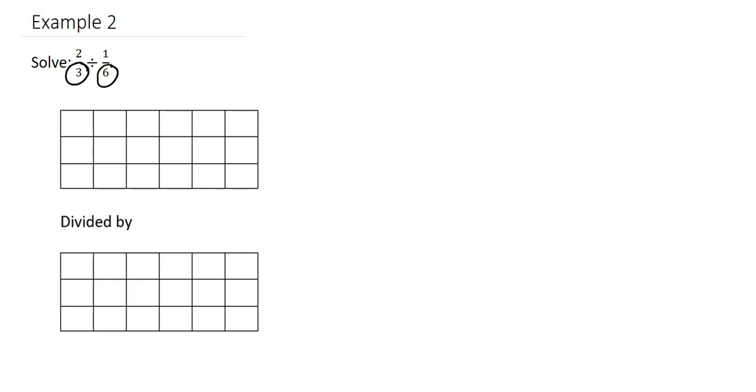So we are going to create 3 boxes here to represent the thirds. And then we're going to create 6 columns. So essentially we have columns going up and down and then rows from left to right. So the 3 is the rows, 6 is the columns. So it creates these little boxes, 3 by 6.